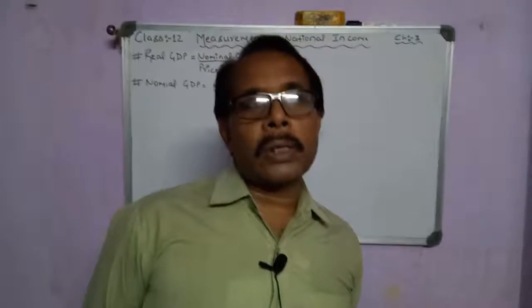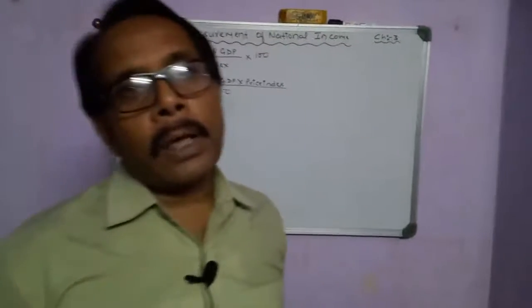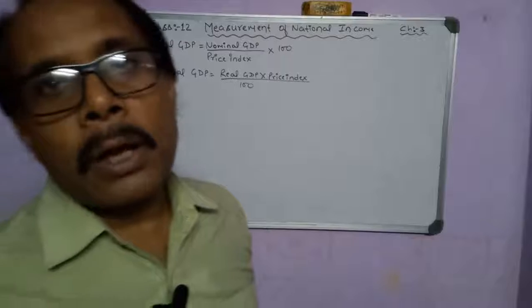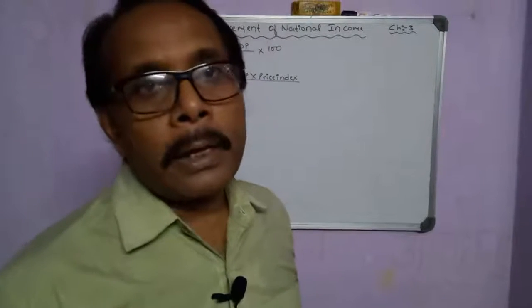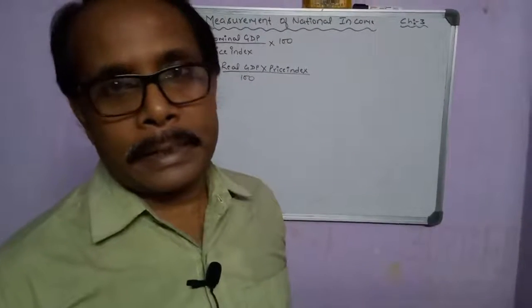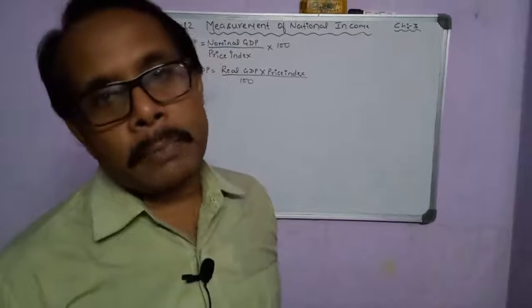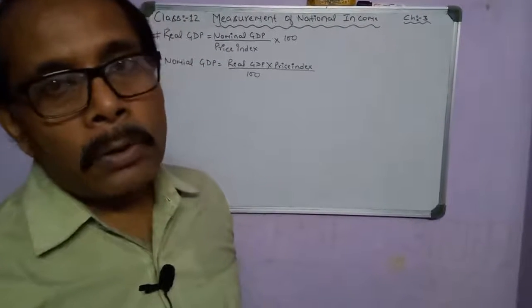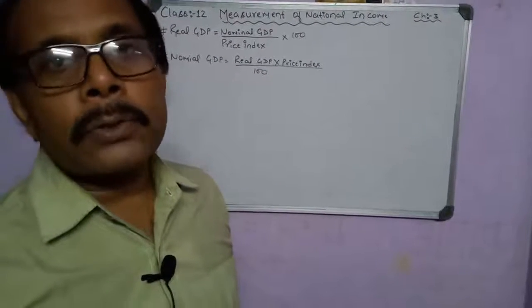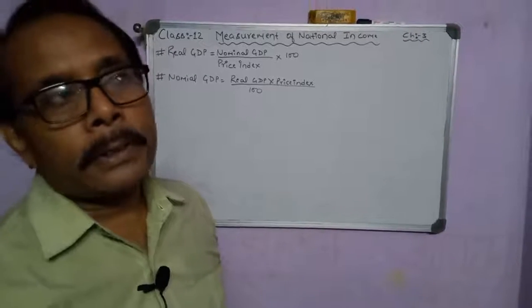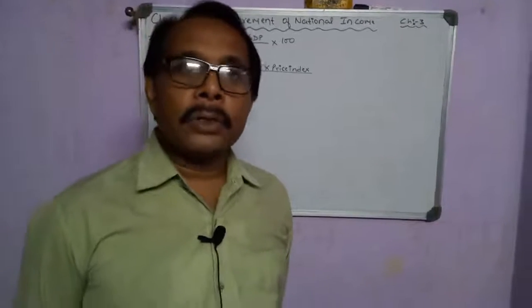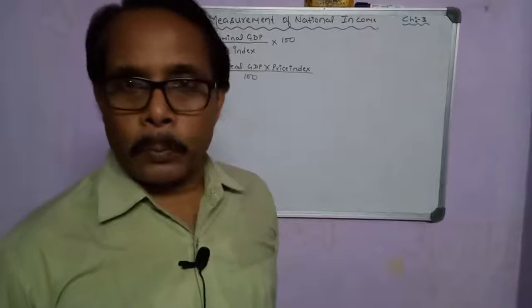Previously I also told that even if the output does not increase, the nominal GDP increases due to a rise in price. But in the case of real GDP, the GDP increases due to a rise in output.